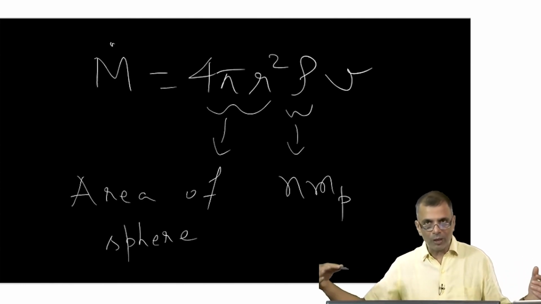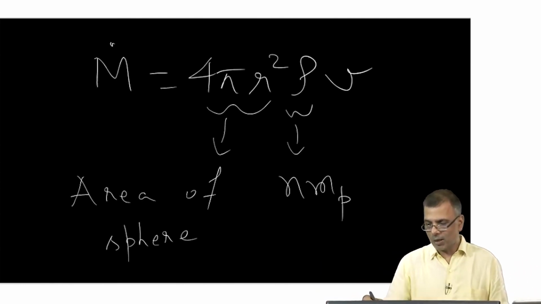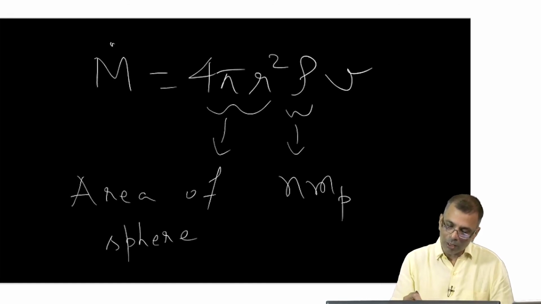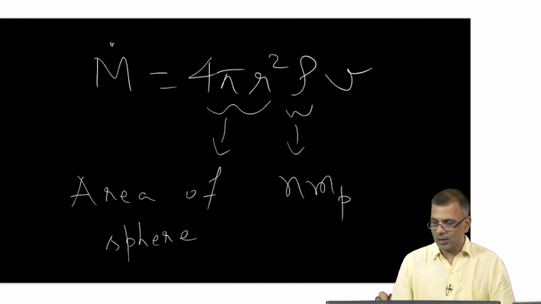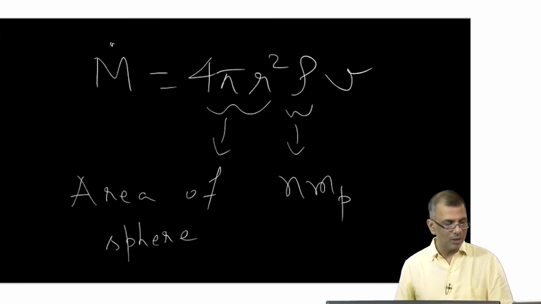Okay, as matter falls in, matter gains speed, matter becomes less dense, and so on and so forth. However, this whole thing remains constant. So as it gains speed, it becomes less dense. This is the kind of thing we will be discussing, and we have already discussed the basic solutions.